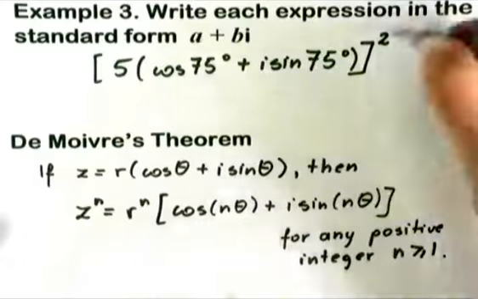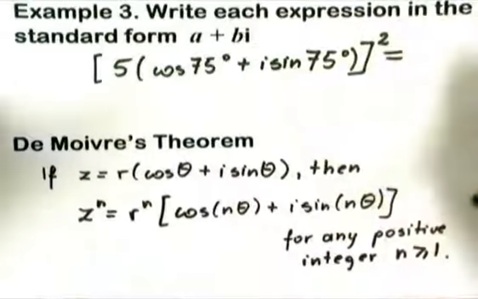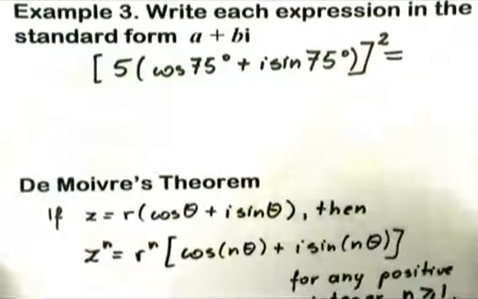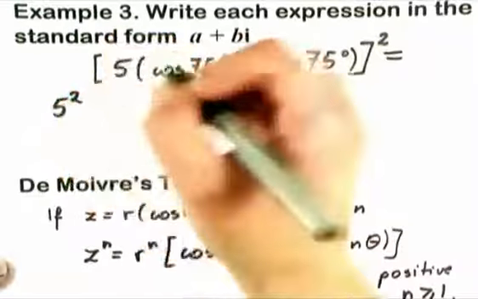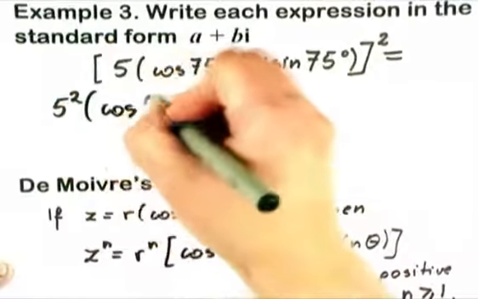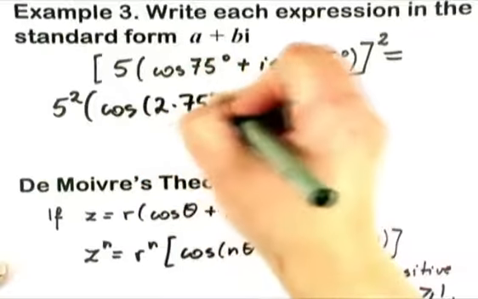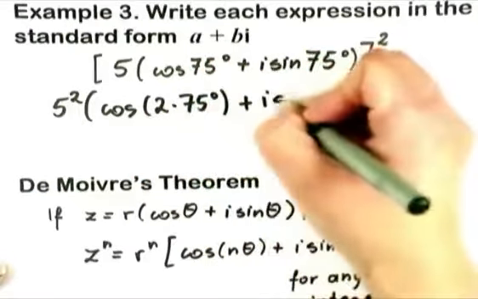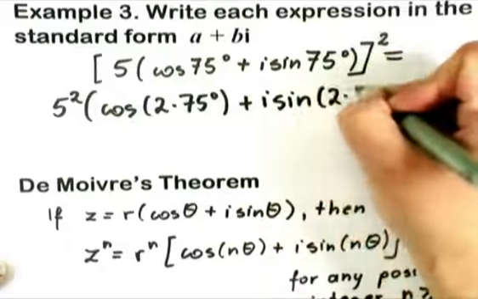So in my case, this is equal to 5 to the power 2 times cos 2 times 75 plus I sine 2 times 75.